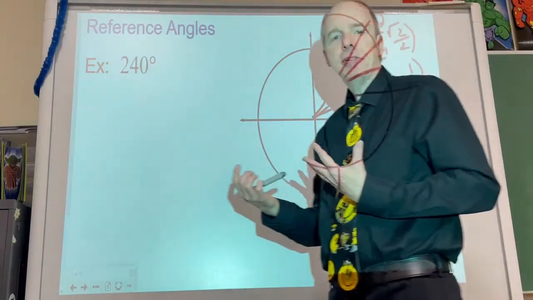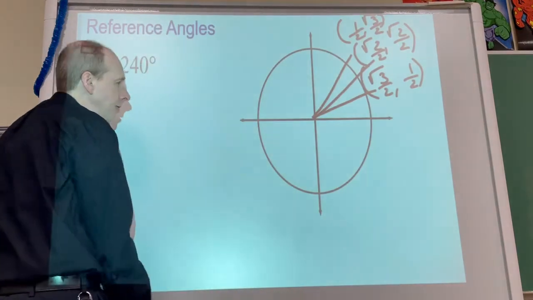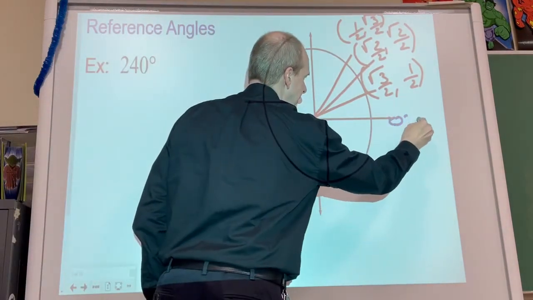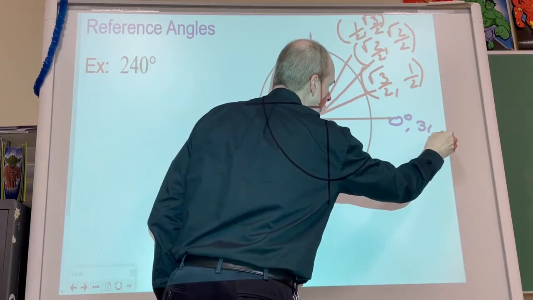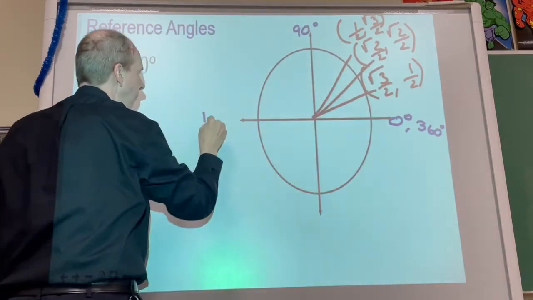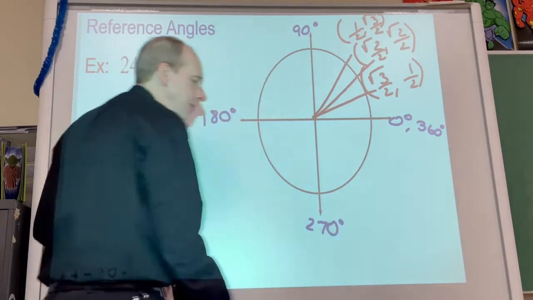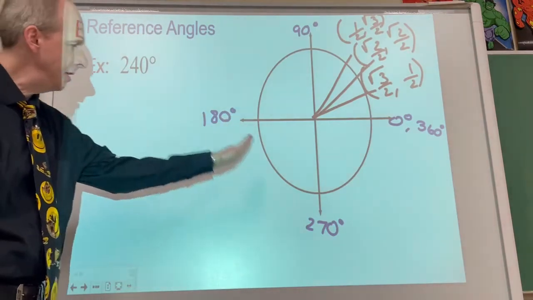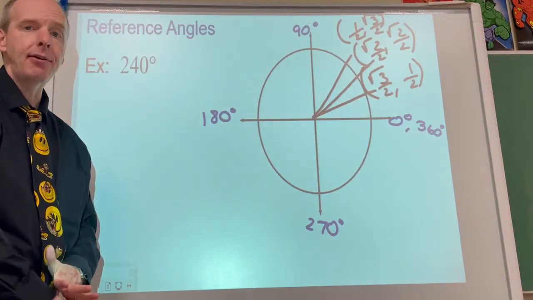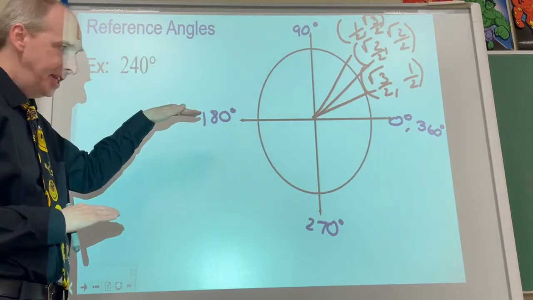So how does that help us with something like 240 degrees? Well, we've got to think, where is 240 degrees? This is 0 or 360. This is 90, 180, 270. So where's 240 degrees? Well, it's between here and here. The trick is, how far from the x-axis?